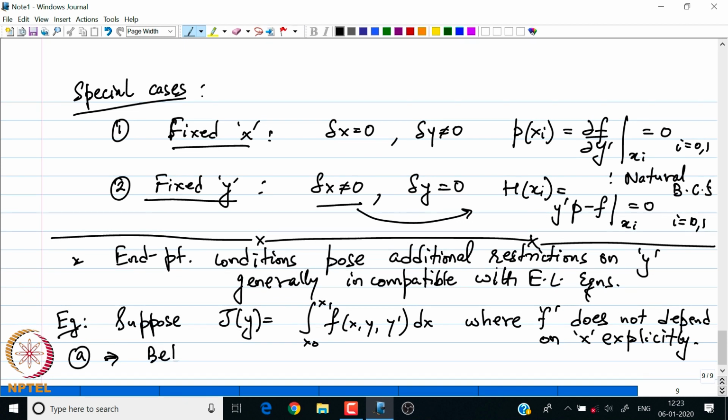Using the Beltrami identity, I get that h, which is y prime p minus f, is equal to a constant. So that is the reduced Euler-Lagrange equation.